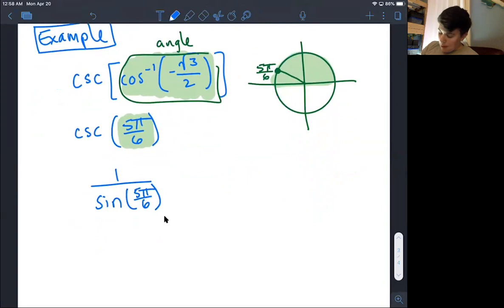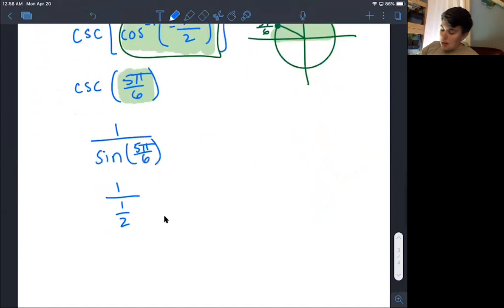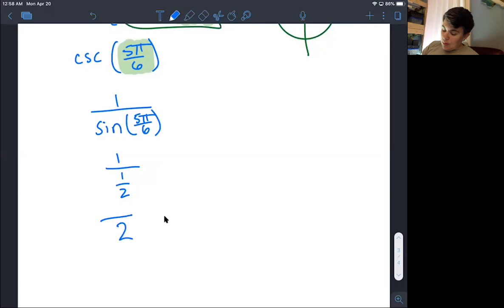That's the y value, so that's going to be 1 over 1/2. Little fraction on fraction action, that is just going to be equal to 2, right? 1 divided by 1/2, how many halves are there in 1? There's 2. Shablam, donezo.